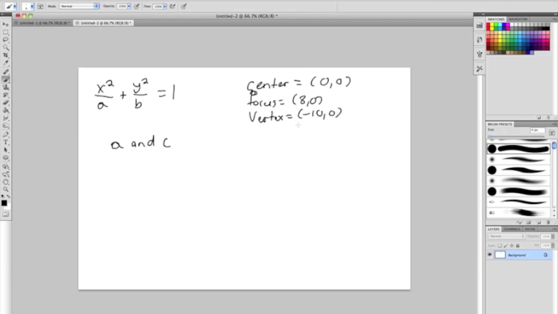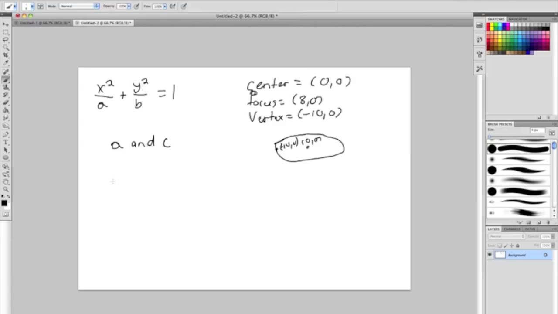Now looking at this, we can sketch out that it's going to look something like this. The center being at 0, 0, and the vertex being at negative 10, 0.